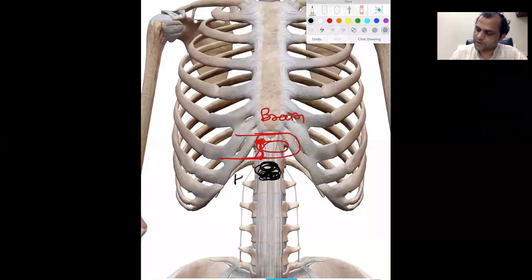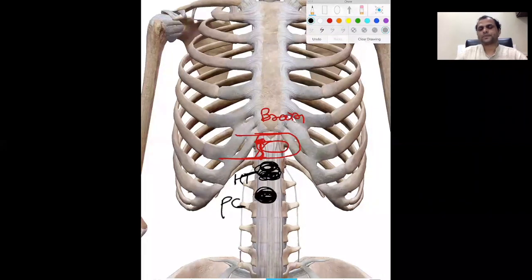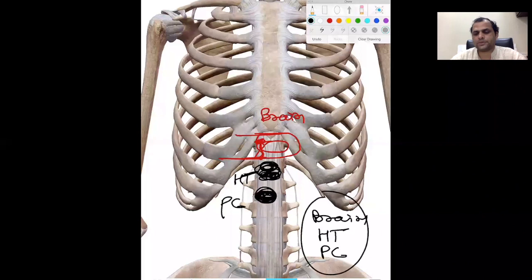So the next point will be the heart. And after that, the next point will be the pericardium. So in this way also, in sequence, the upper part is the brain, then the next part is the heart, the next part is the pericardium. In this way also, we can understand 3 points in a sequence.